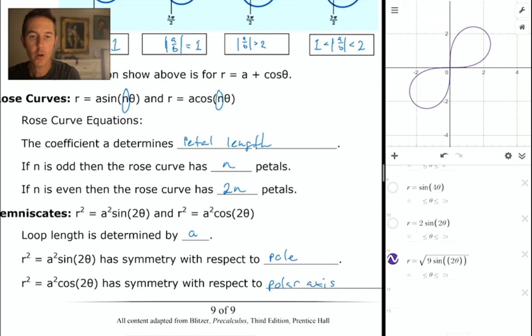Make sure that you are, please, keeping up with where these pieces of information are located on your formula sheet. Make sure that you're using them when you're completing your homework assignments, if you're one of my students, and continue paying attention to the patterns that are present as you go through and draw these graphs.